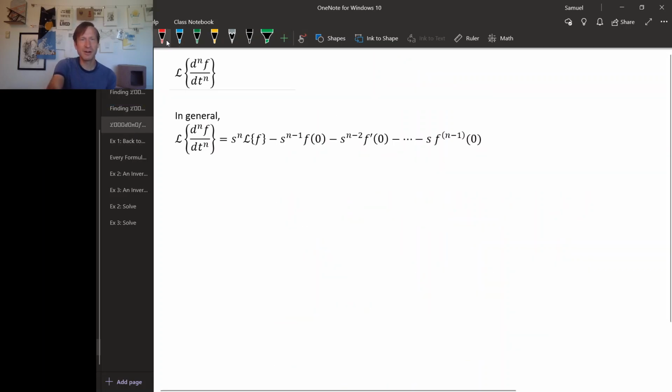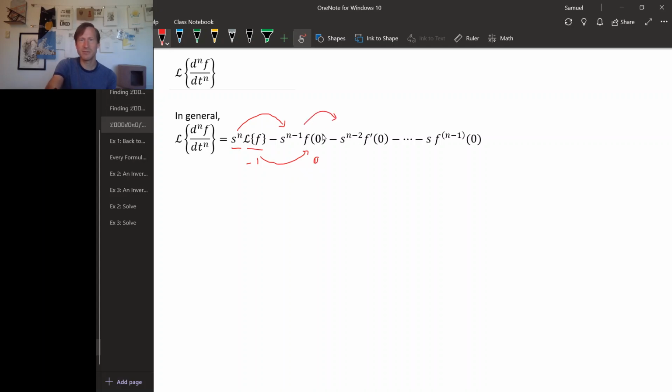For the Laplace transform of the nth order derivative, you start with s to the n times the Laplace transform of f, and then each step along, the power on s goes down by 1, and the number of derivatives goes up by 1. So we go from n to n minus 1 for the power of s, and from the negative first derivative to the 0th derivative.